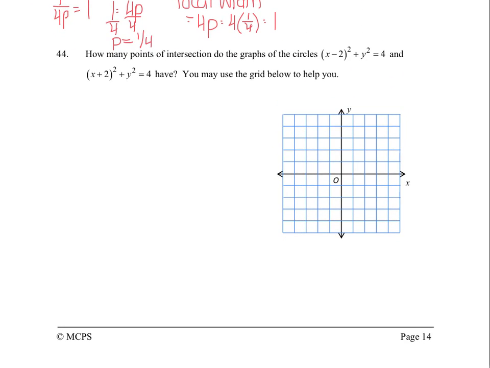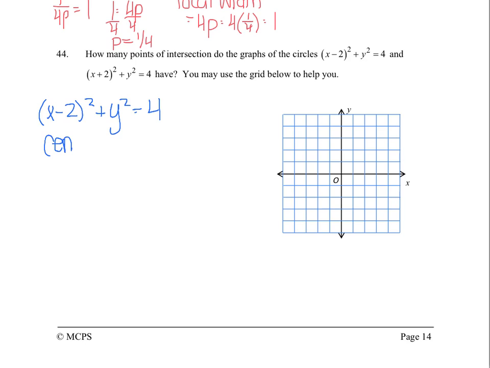For 44, we're asked how many points of intersection do the graphs of the circles x minus 2 squared plus y squared equals 4 and x plus 2 squared plus y squared equals 4 have? So we're going to graph both of these. Let's start with x minus 2 squared plus y squared equals 4.